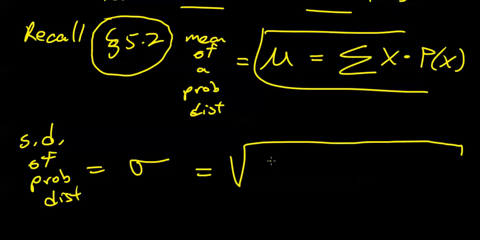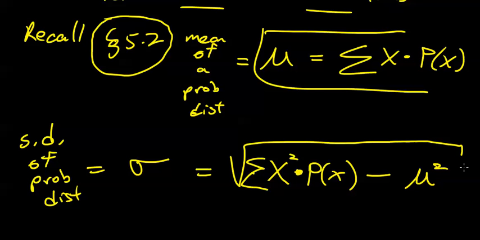Too many people got it wrong on the online exam, so please be reminded it's going to be on the test on Wednesday, right? Basically, you square each possible x value, multiply those squares by the associated probability, add up all those products, and then subtract the previously computed mean.